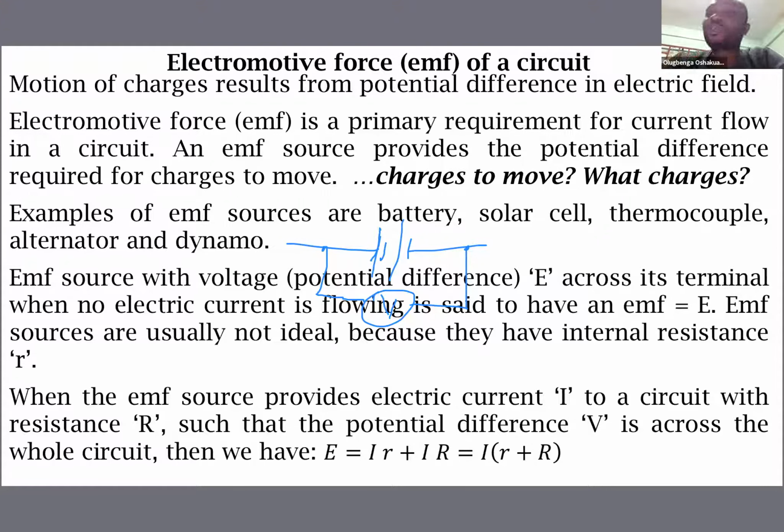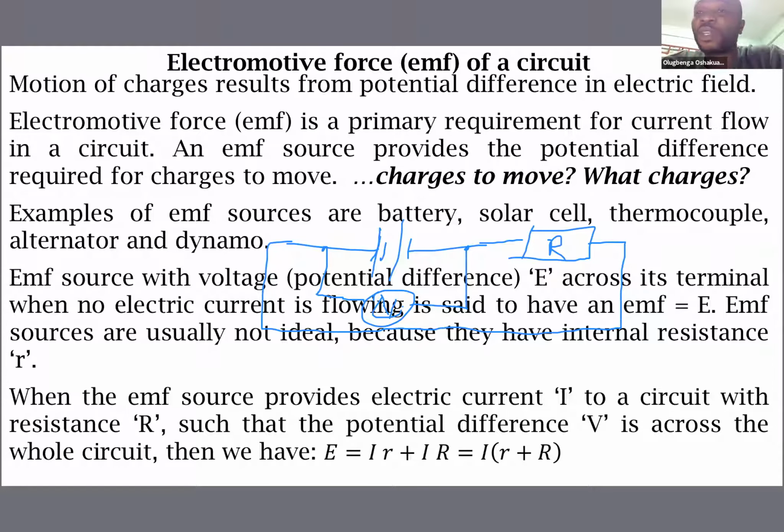By the time you begin to connect resistors to your battery and current begins to flow out of it, the voltage you measure will reduce. So when no current is flowing out of the battery, what you measure is the EMF. But in most of our examples, you would not notice any reduction in voltage whenever you connect another resistor.